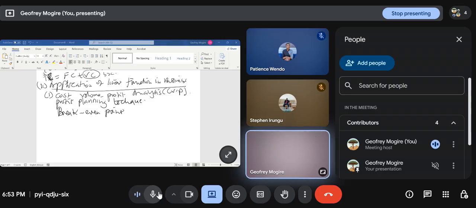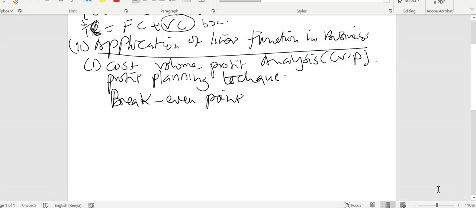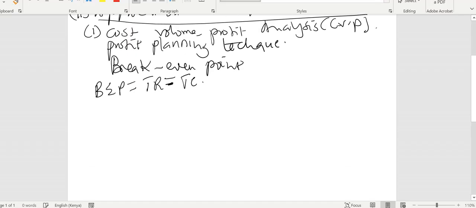Sorry. So a break-even point is a point at which we will take it. It's a point where total cost is equal to total revenue. Very good. So break-even point is a point at which total revenue is equal to total cost.